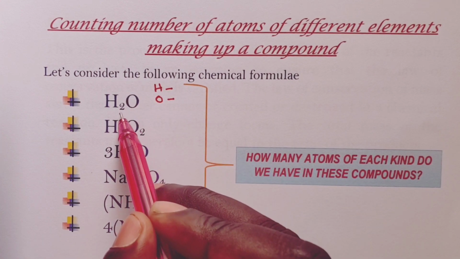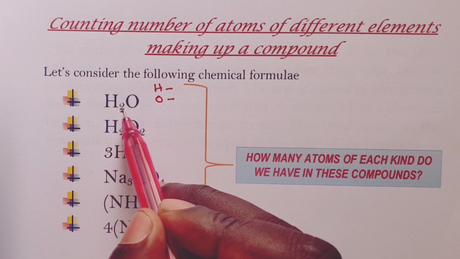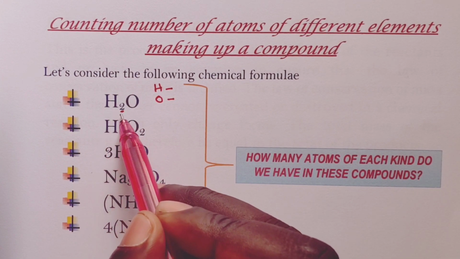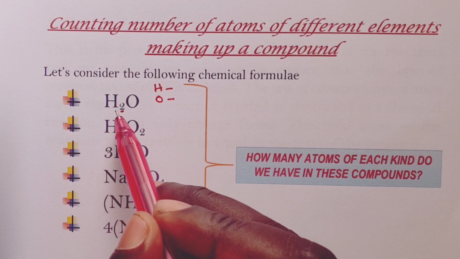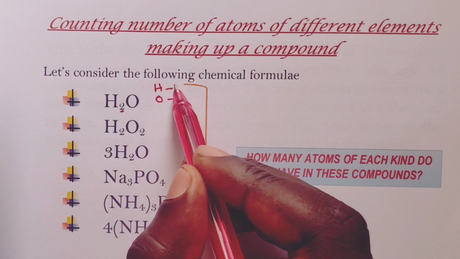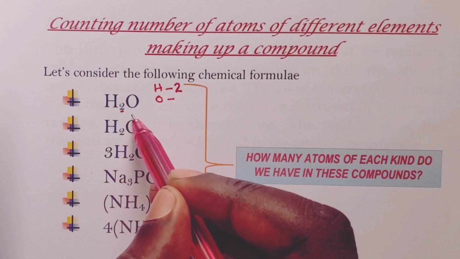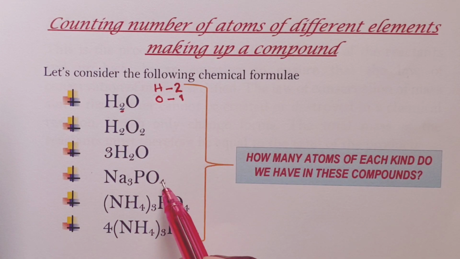Now, this digit 2 will only affect the symbol before it, the symbol on its left hand side. So in this case, hydrogen atoms are 2, but the 2 will not affect oxygen, and therefore we only have 1 oxygen atom.